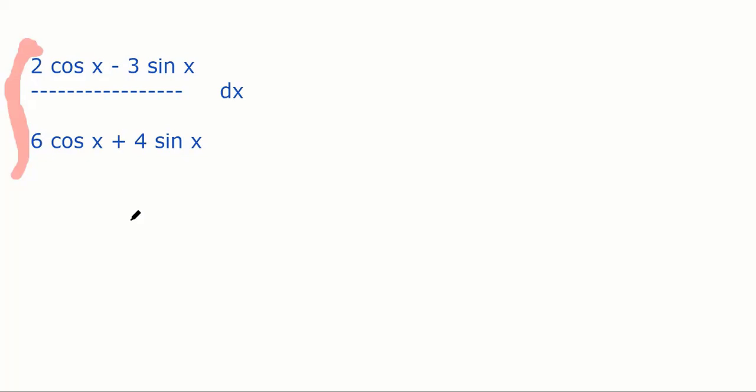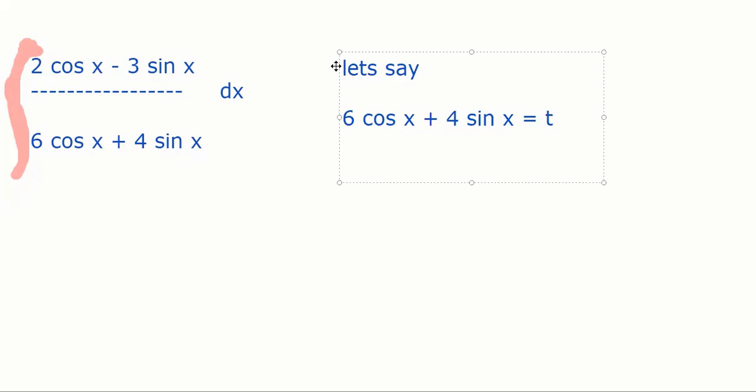Does it work? जय सूर्या, क्या करने वाले हैं? Let's say 6 cos x plus 4 sin x equal to t. जय सूर्या, it's very easy. Try करो. First try कि whether denominator को differentiate करते तो numerator आता है कि नहीं. What is the differential of 6 cos x?